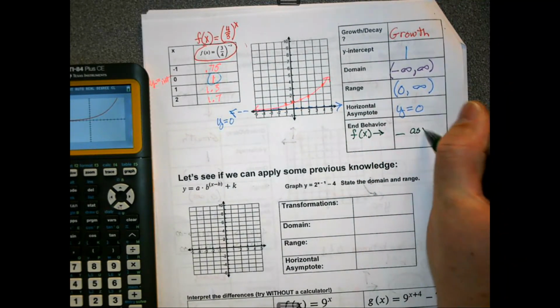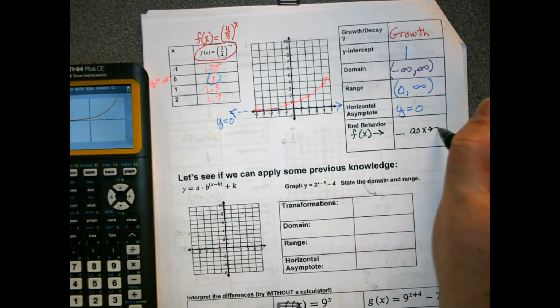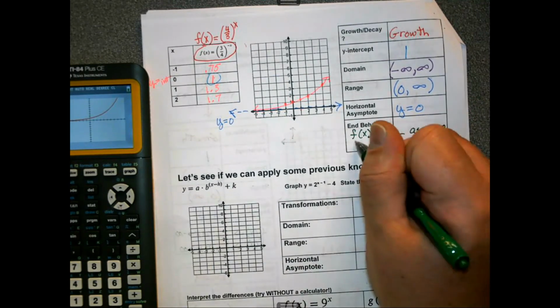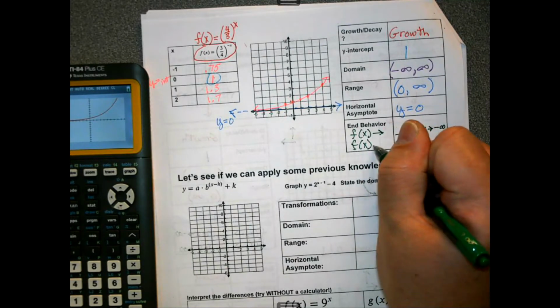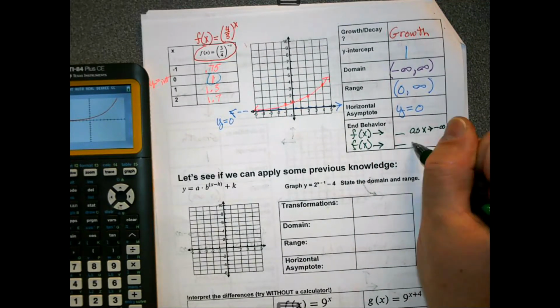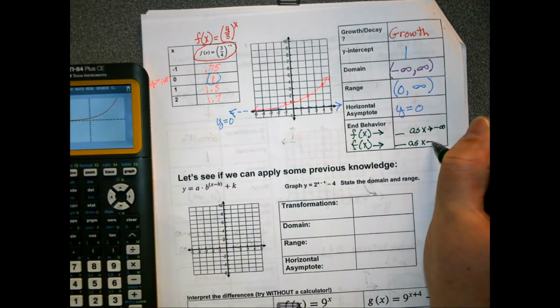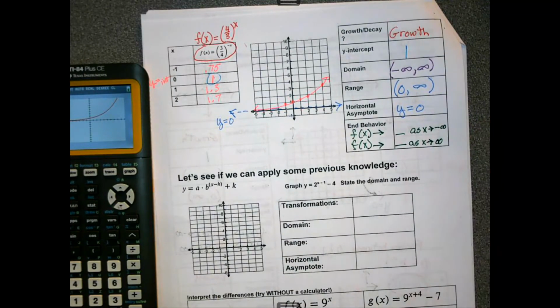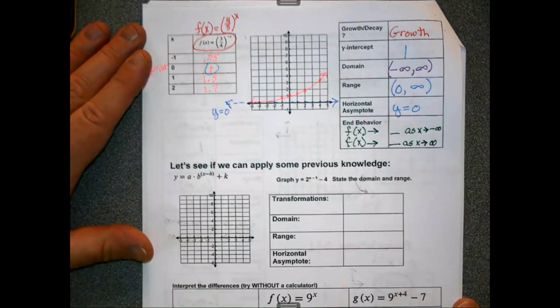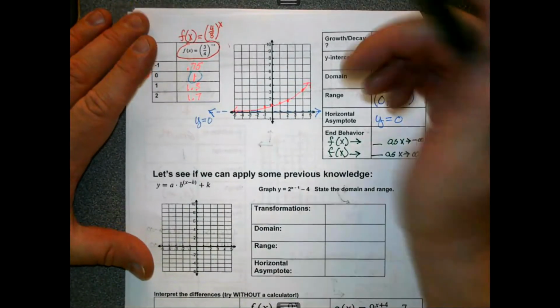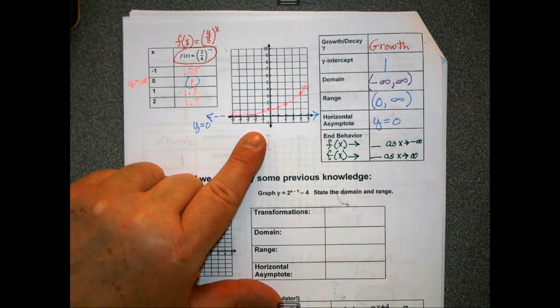As x goes to the left, f of x approaches blank as x goes to the right. Let's see.